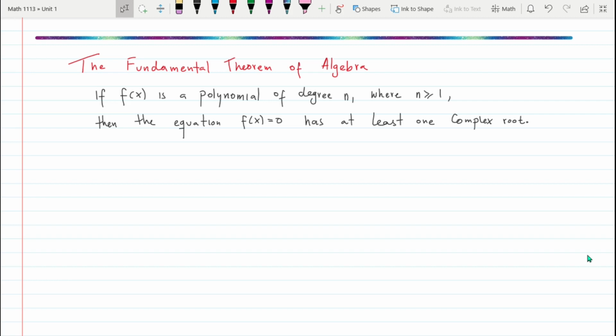It's just a definition, and what it means is that we can expect at least one complex root, meaning a real number or a complex number. So it's just an extension of the properties that we talked about previously. Not much else to say about it. Don't get confused: because it says a complex root, does that not include real numbers? It does.